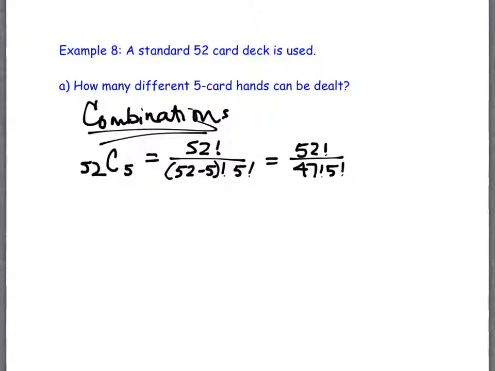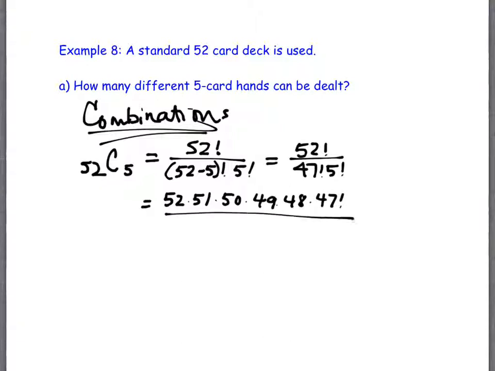That has to work. So just like on the other examples, I don't really want to multiply a bunch of these numbers out. But what I would like to do is write them out until I can get one to match. Now, as it is, I've got the 5 factorial still down there, and there's not going to be a 5 factorial in the numerator, so I'm going to write it all the way out as well.